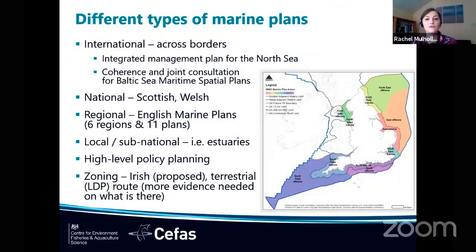So there are several different types of marine plan that a country can choose to take forward. These range from large-scale international transboundary or sea basin type plans, some examples of which are the Integrated Management Plan for the North Sea, which was published in Norway in 2015.